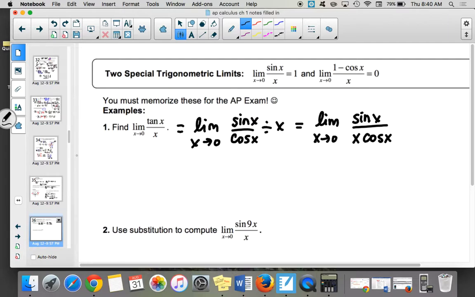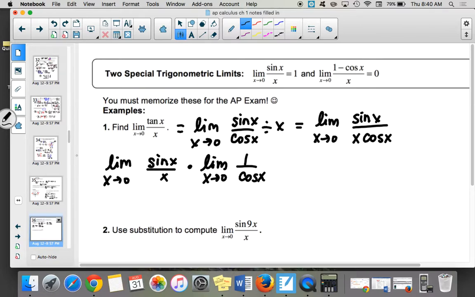And then we just kind of think about all those limit laws. Do you guys remember how I gave you those like 11 very, very boring limit laws? We can pull things apart. So we can pull apart products and take the limit of both. So I'm going to do the limit as x goes to 0, and I'm going to say sine of x divided by x times the limit as x goes to 0 of 1 over cosine of x.